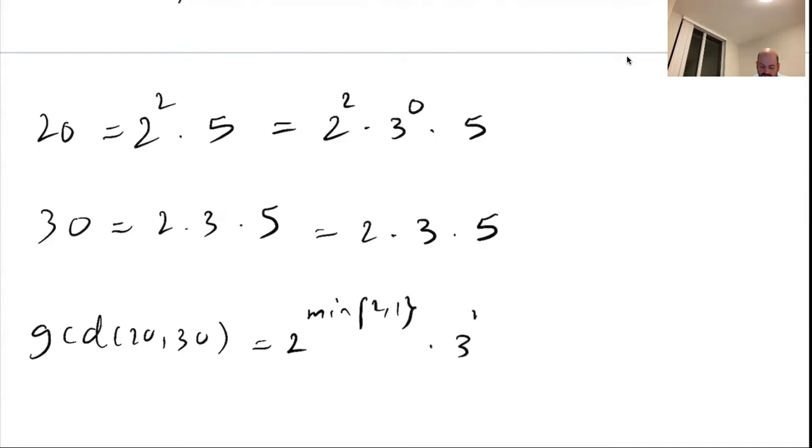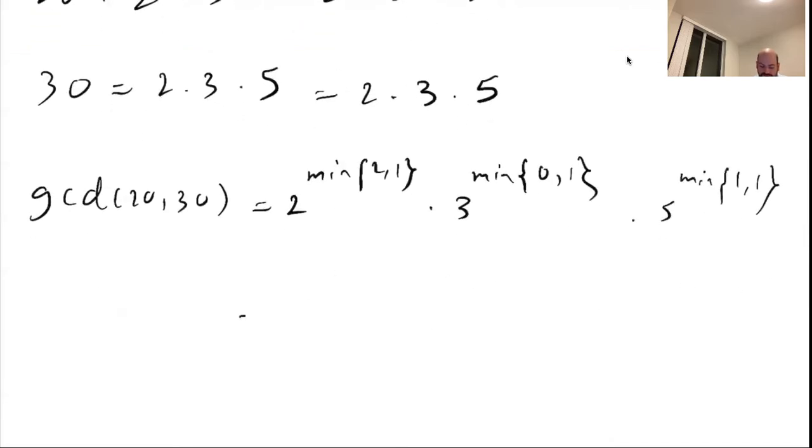Then it's 3. So we have to choose the minimum number between 0 and 1, right? Because for 20 the power of 3 is 0. And then 5, the minimum number between 1 and 1, right? Because both powers are 1 in the case of 5. So this is 2 to the power 1 times 3 to the power 0 times 5 to the power 1. And that's 10.